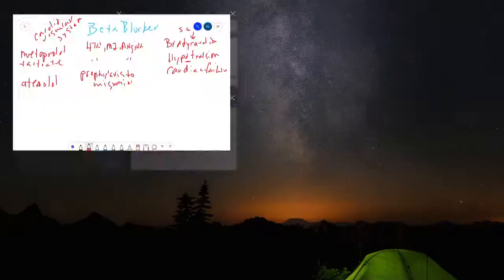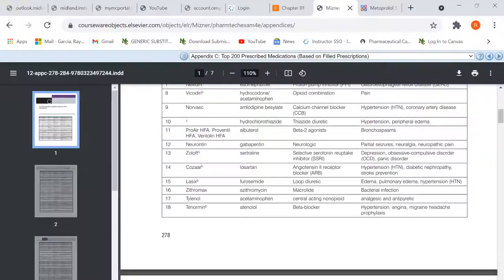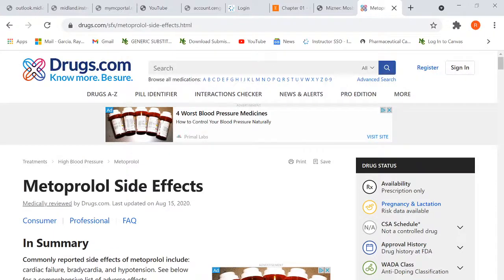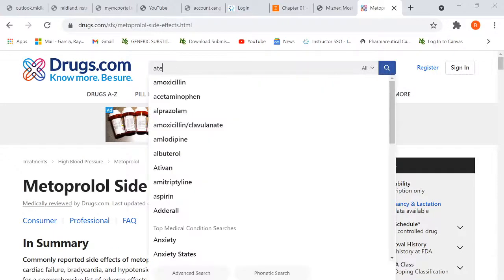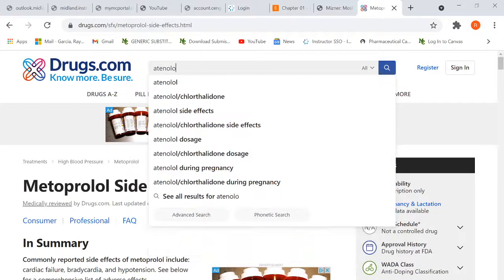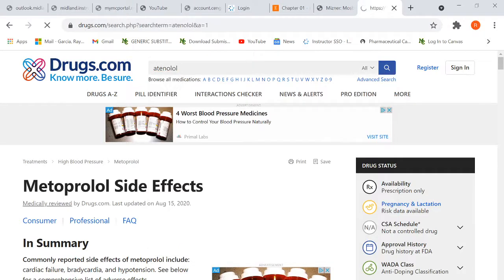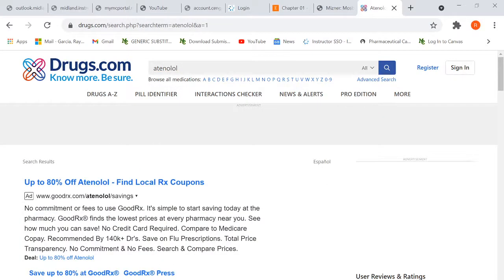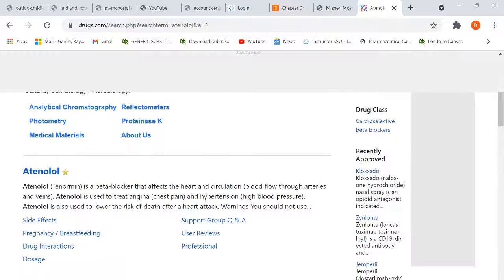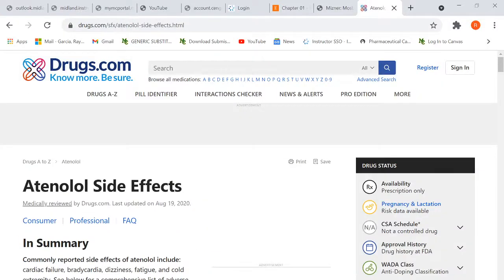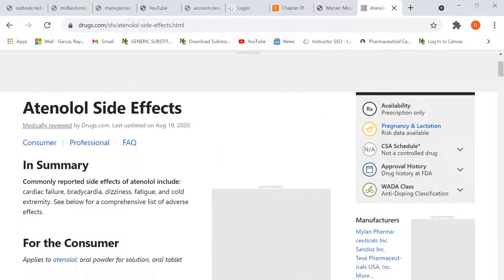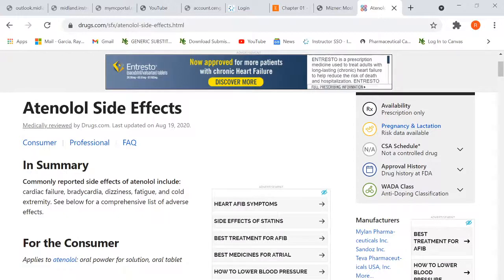Let's look at the side effects. Cardiac failure again, bradycardia, dizziness, fatigue, and cold extremities. So again, we have cardiac failure and bradycardia.